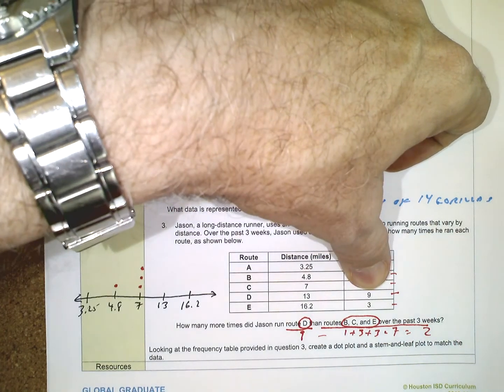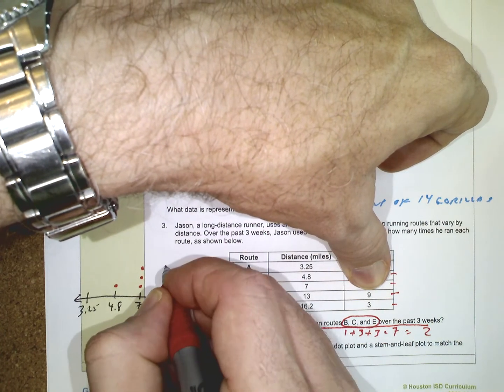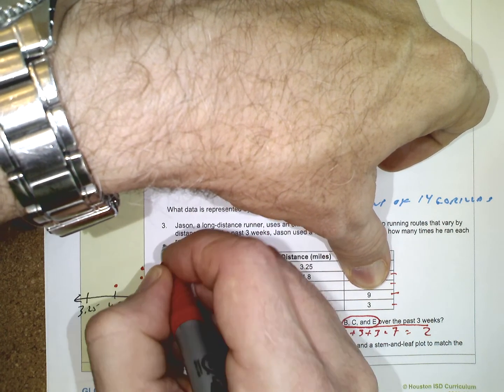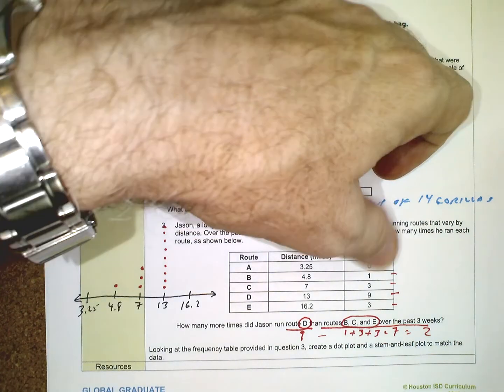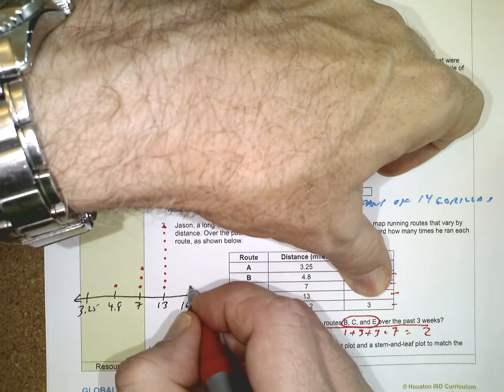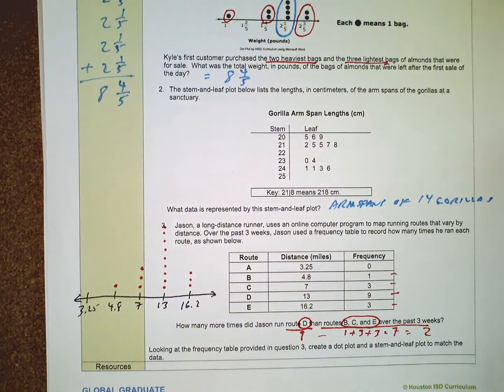All right. 13 is 9 times. Okay, so we have 9. And 16 and 2/10 3 times. So that would present the information in a dot plot.